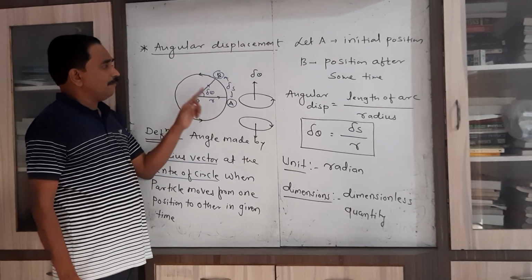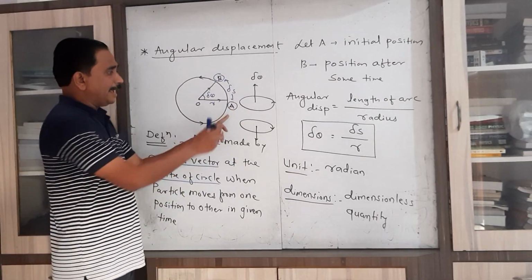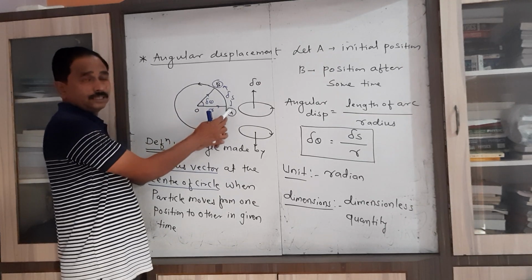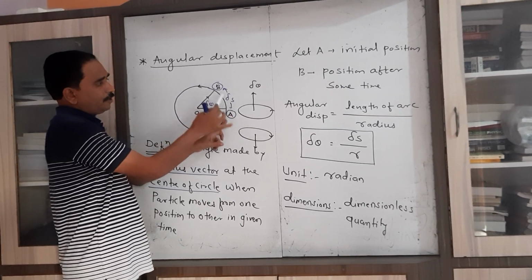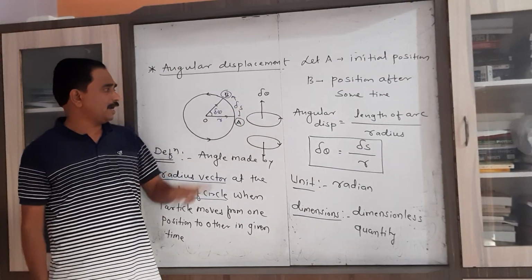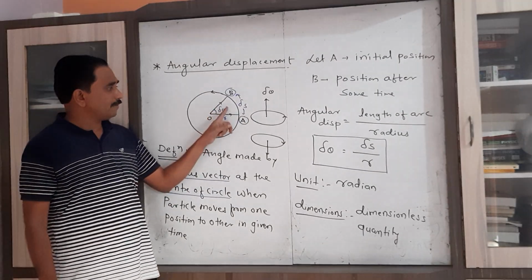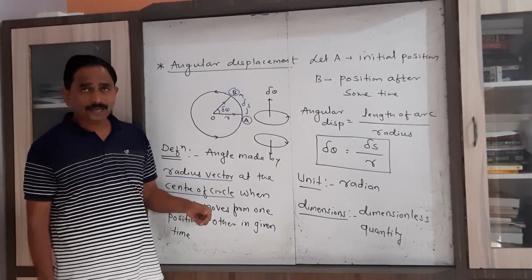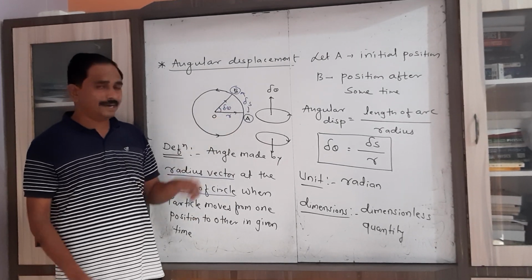Then we have the length of arc AB, which can be considered as the linear displacement of that particle, represented by delta S. And the angle made by the radius vector is represented by delta theta.